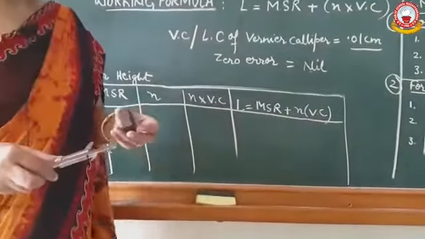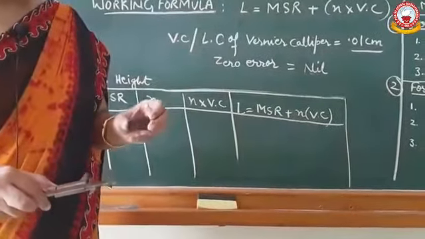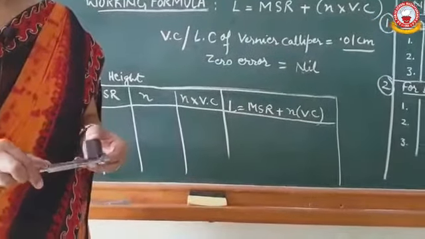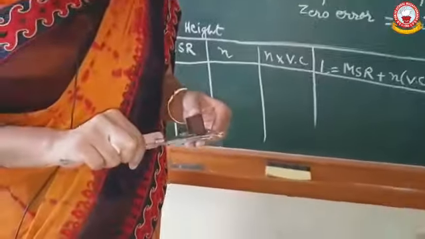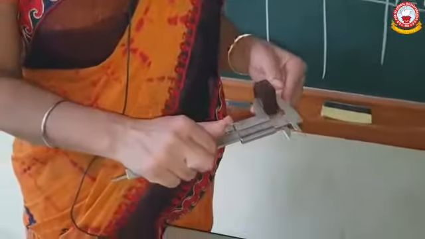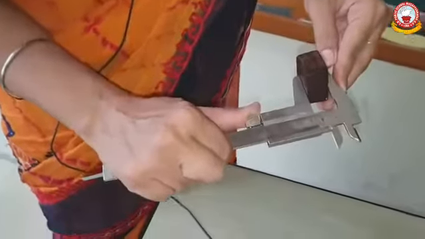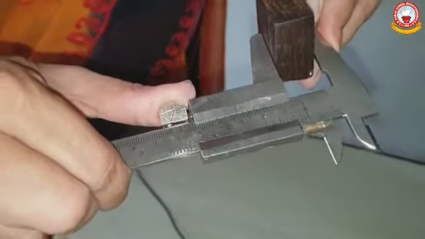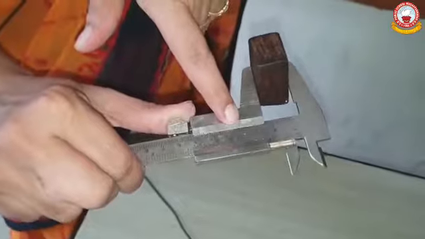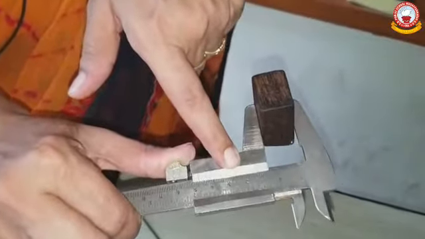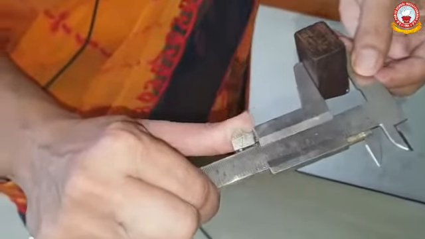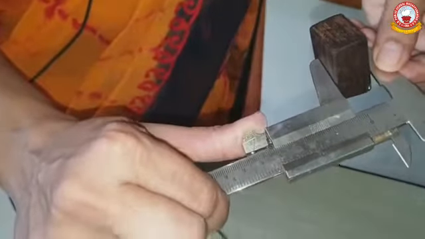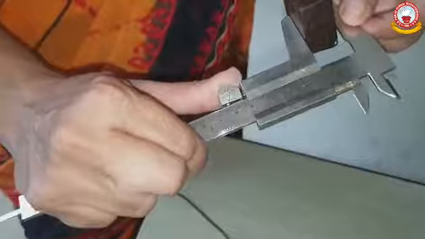To find the height, here representing the thickness, we will again fix our wooden block between the 2 jaws of the Vernier caliper and observe it very carefully. Now this time we are obtaining main scale reading 2 centimeter clearly, and the number of divisions coinciding here is the fourth one.